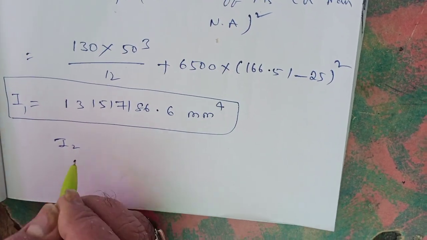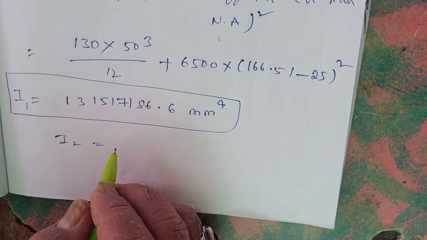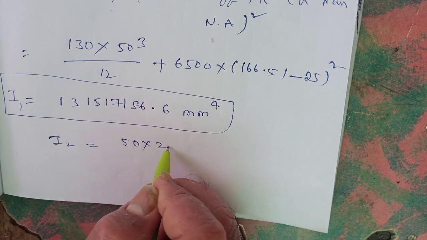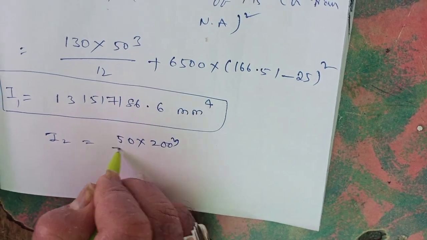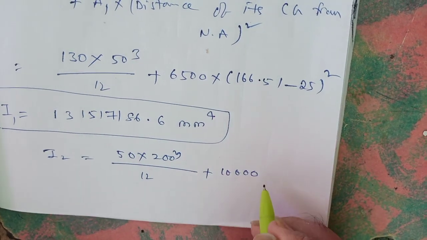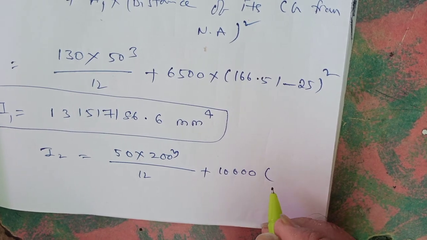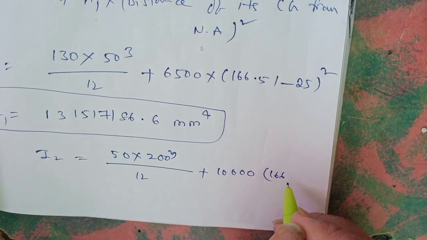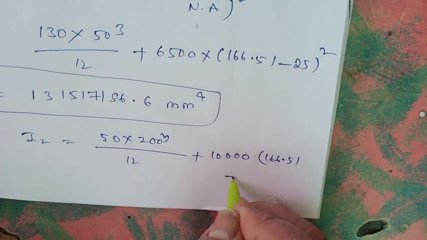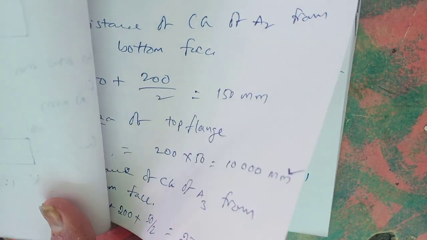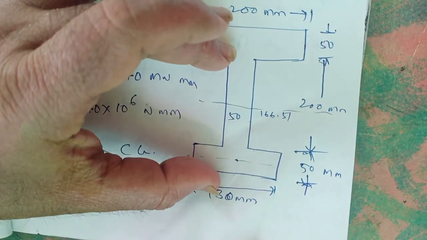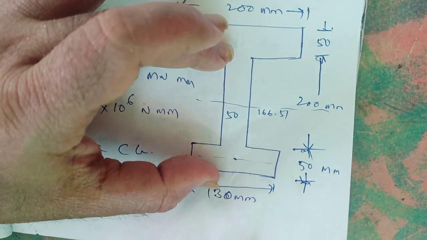Similarly, I2 is equal to 50 into 200 cube by 12 plus 10,000 into 166.51 minus half the CG of the area from the bottom.